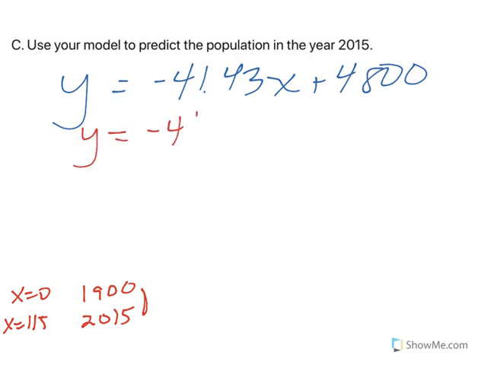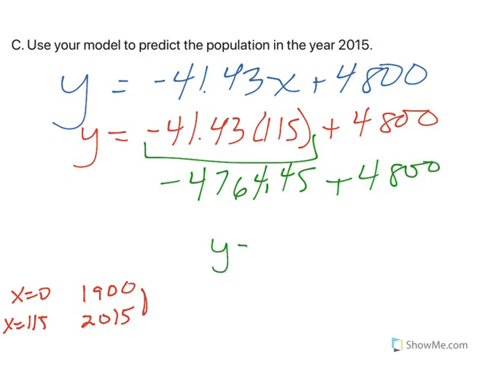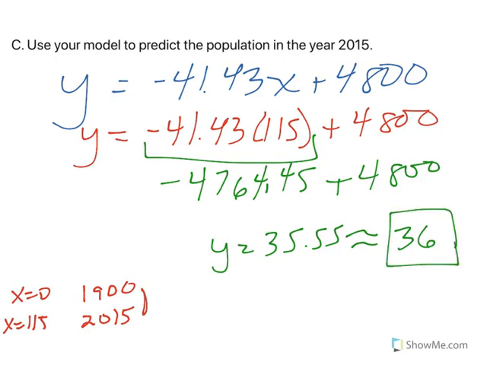So y equals negative 41.43 times 115 plus 4,800. I multiply first, and that gives me negative 4,764.45. I add 4,800, and I end up with a y value of about 35.55. I'm going to round that to 36 because we're talking about people. So in 2015, the population of this town would be roughly 36.